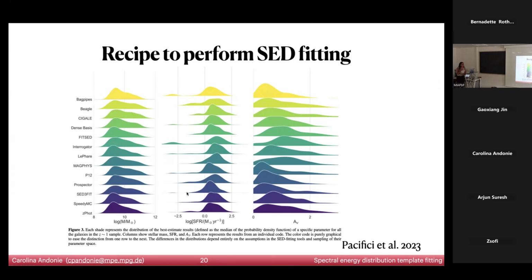I think that it kind of depends. If you are only fitting a galaxy, it's very important because you only have one process happening. You don't have an AGN, you only have the stellar population. So it is very important to implement the energy balance because you know that all the far infrared emission, for example, is coming from the UV emission that was re-emitted.